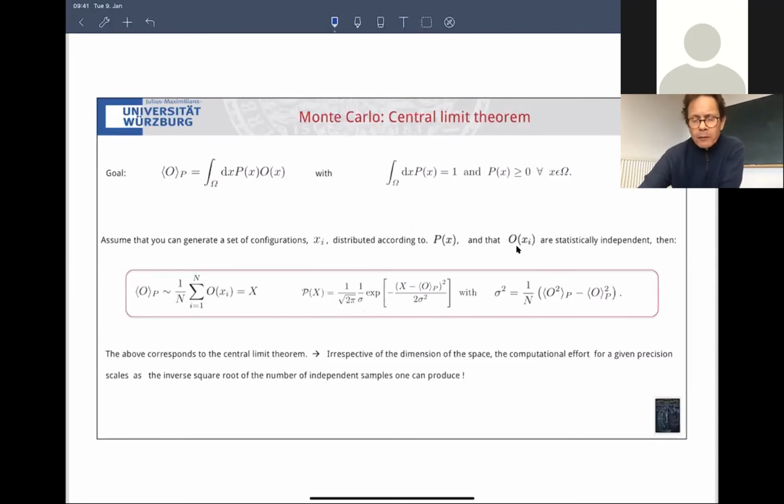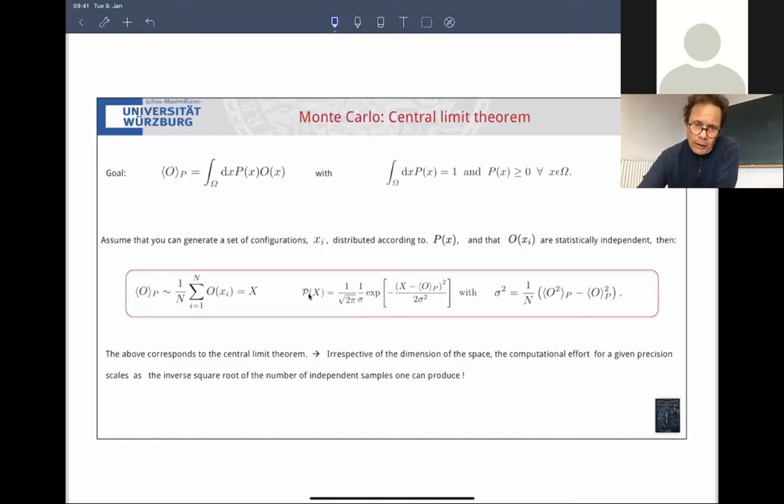Otherwise, you will have problems with the error analysis. So if this is satisfied, then you can estimate the expectation value of O by a finite sum from i goes 1 to N. These are the number of samples you have of the value of the operator for these given samples. And so I will call this big X, which is an estimate of the expectation value of O. Now, the question is, what is the error on this X?